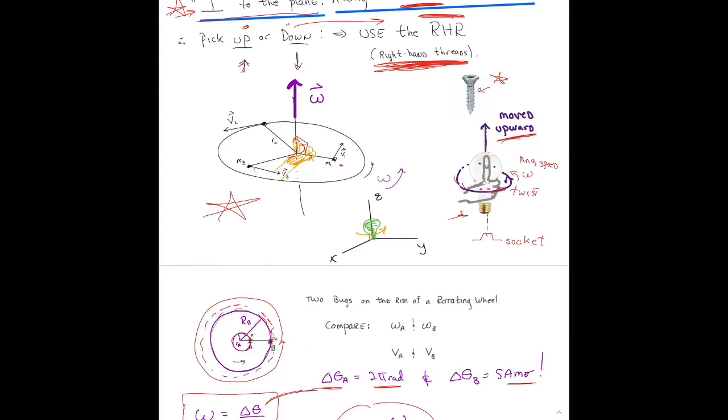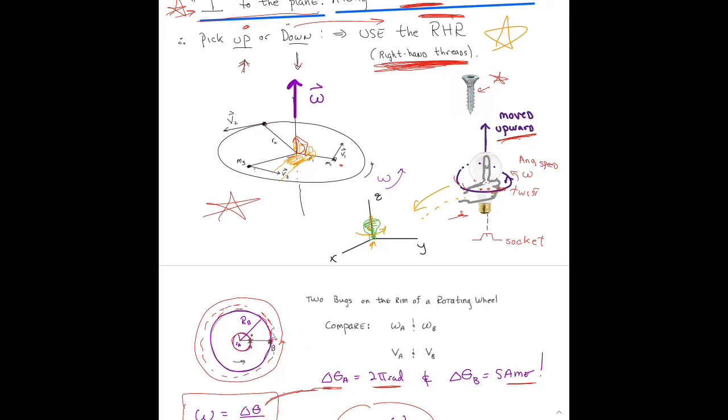The other thing that we'll see about the right-hand rule is that if I take this light bulb, and let's say it's screwed into a socket in the XY plane, let's say the XY plane is the table, and you take this hand to unscrew the light bulb, there's the thumb, and the fingers go around like that.